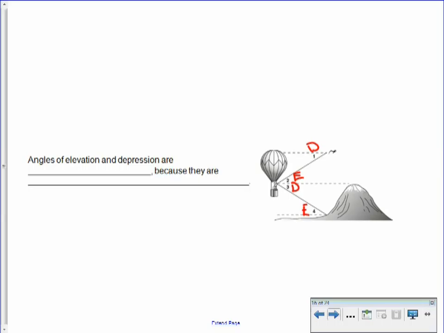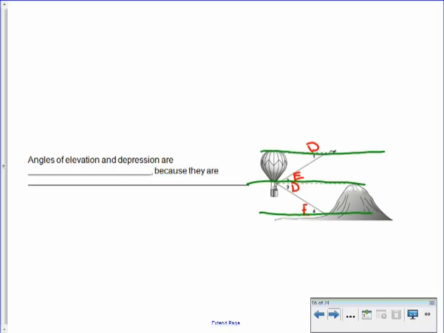Right. Now here's the thing that happens that's kind of nifty. You'll notice that we have our ground line here that is a nice horizontal line. You notice the line where the guy is looking across is a nice horizontal line. We have the horizontal line where the bird is. What is true of all three of those lines? Parallel.